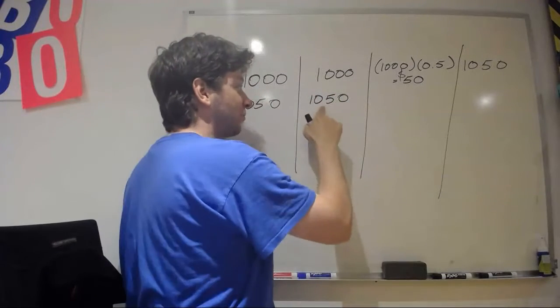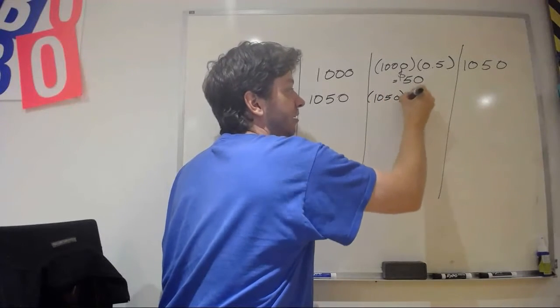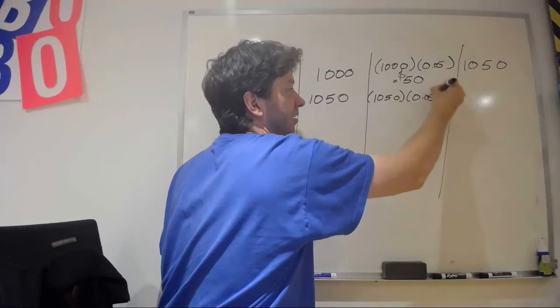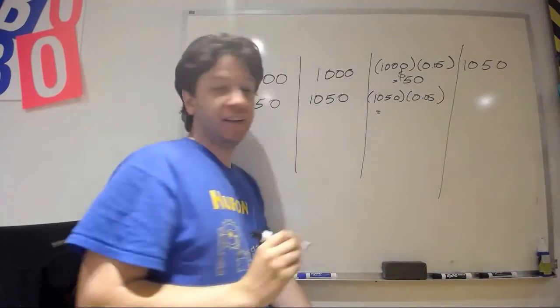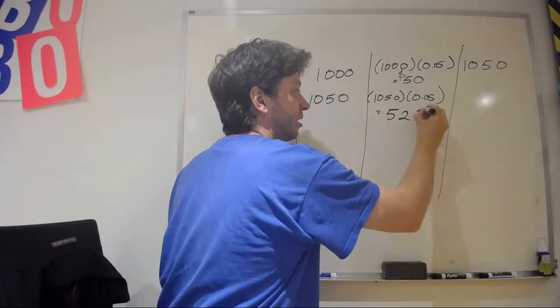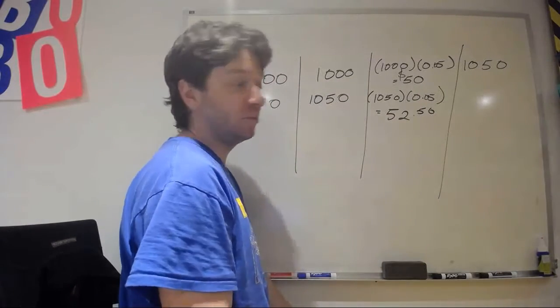So now I'm going to redo it for this amount, 1,050 times 0.05, it's 5%, my mistake. Okay, and when we do that, we get $52.50. So it's $2.50 more. That's great.